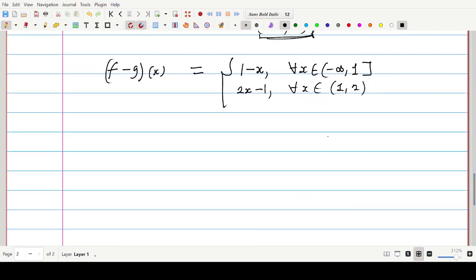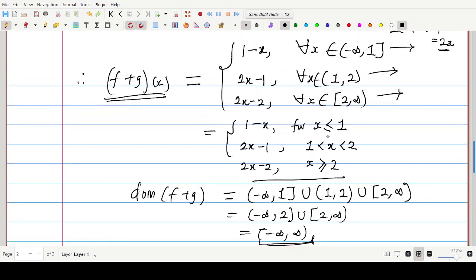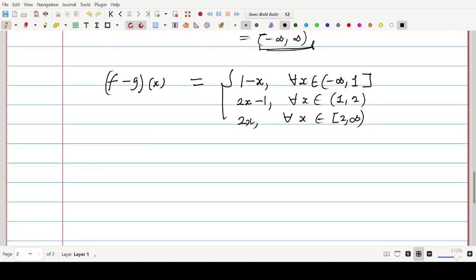So I can come here and write 2x for all x in the interval 2 to infinity. Let me be sure of that. All right. So that is how the difference of the function is defined. Also, the domain remains the same as the one of the sum. Now, the domain of f minus g is equal to the domain of the sum f plus g.